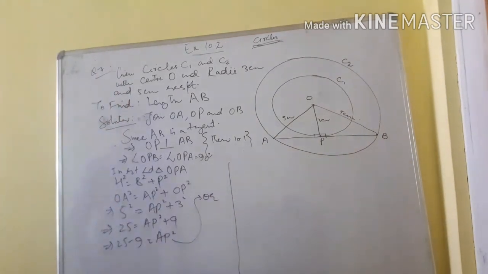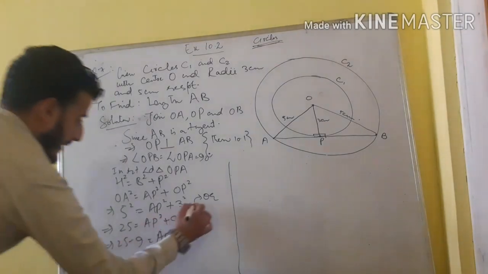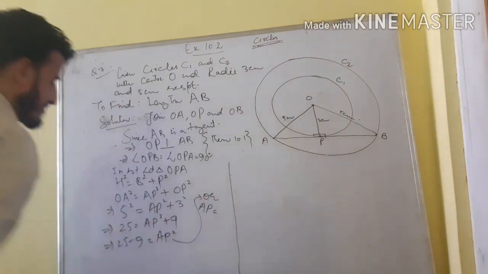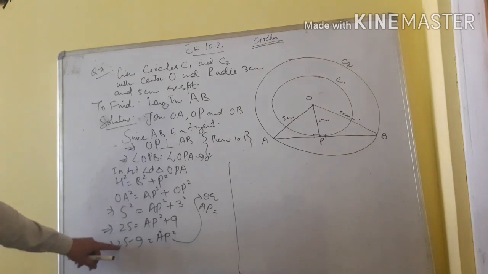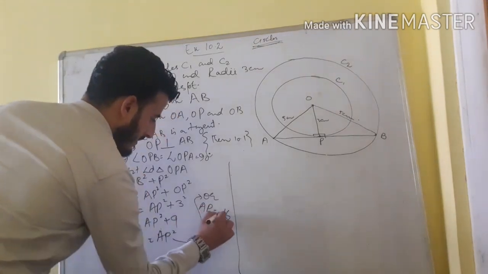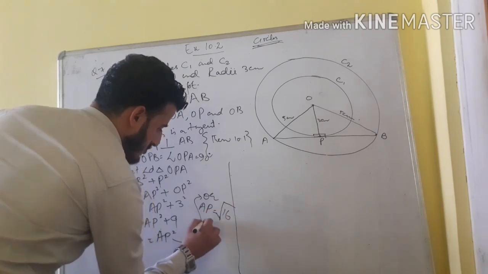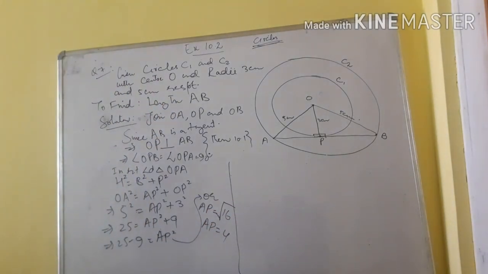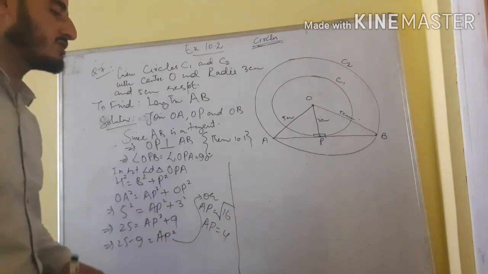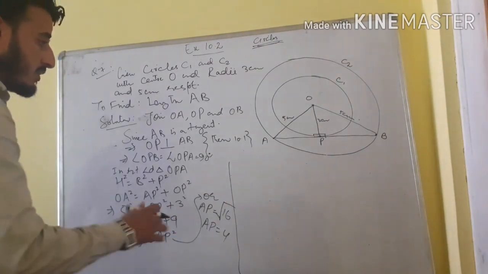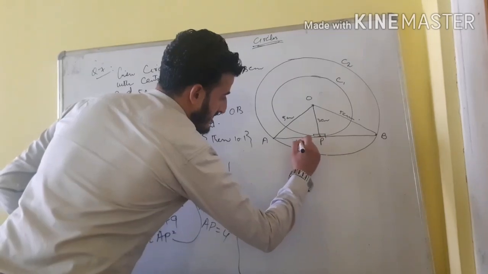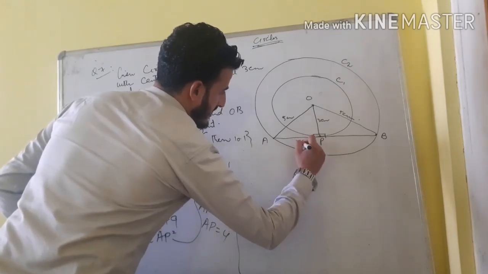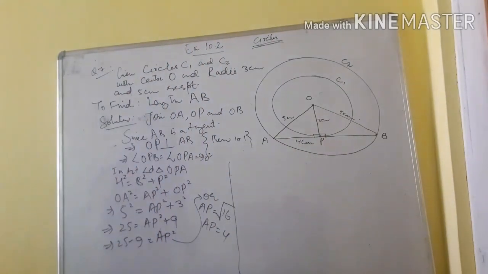So AP is equal to the square root of 25 minus 9, which is 16, and the square root gives positive 4. Length can't be negative, otherwise AP has two values, minus 4 and plus 4. So AP is equal to 4 units, and as the unit is centimeter, we write centimeter here.